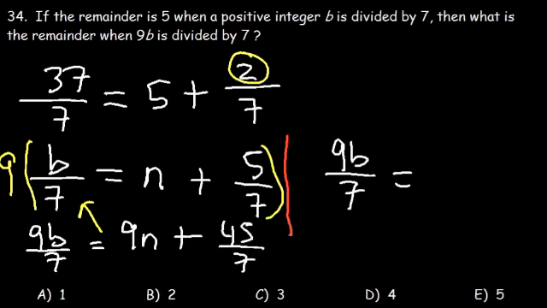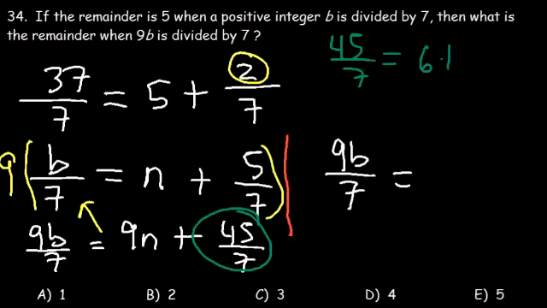Now notice, let's focus on this part, 45 over 7. We can reduce that. 7 can go into 45. The question is, how many times? 7 can go into 45 6 times. And since 7 times 6 is 42, 45 minus 42 is 3, so 3 is the remainder.